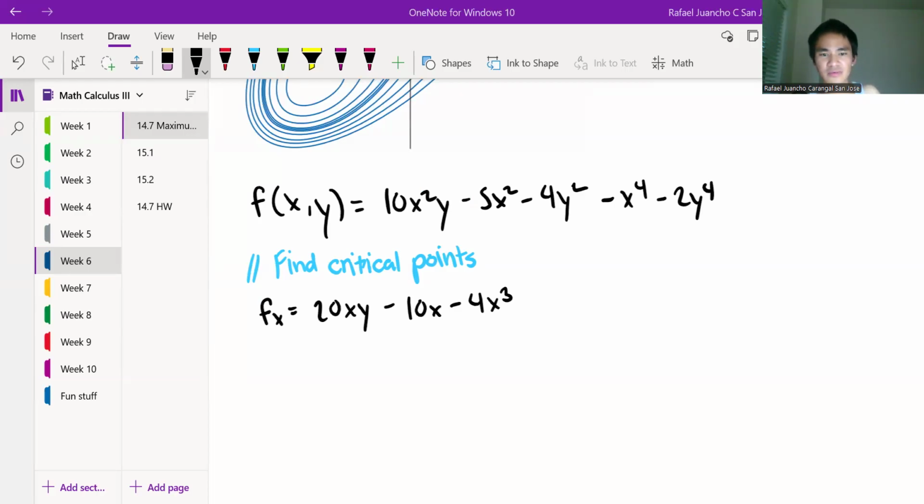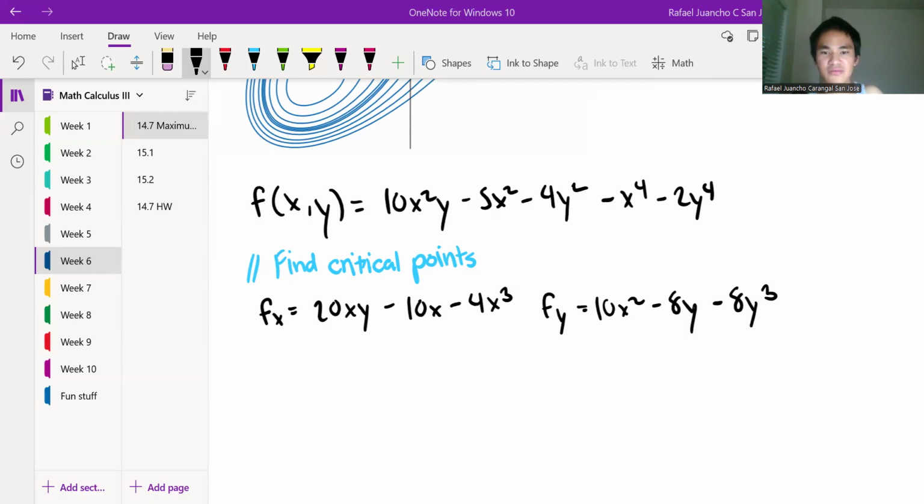Then my f sub y is 10x squared minus 8y minus 8y cubed.